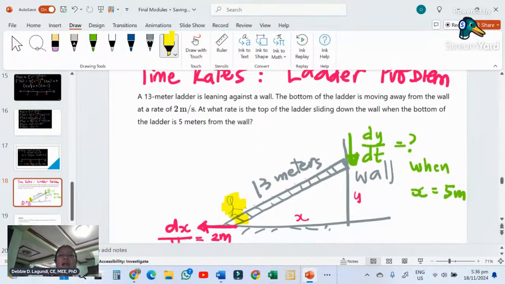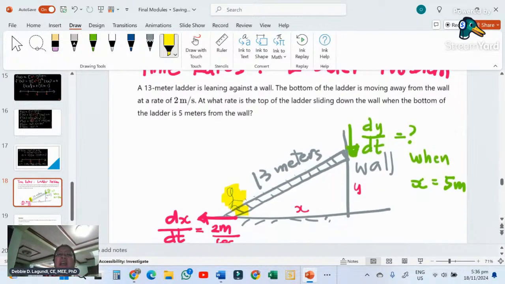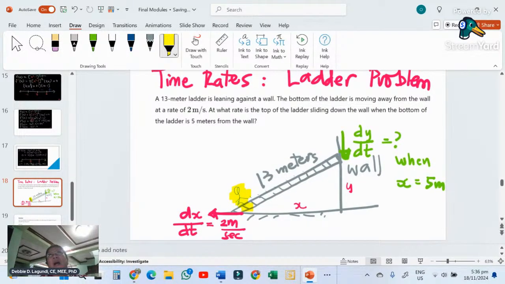Ladder problems actually follow a pattern for how to analyze them. So here's the question. A 13-meter ladder is leaning against a wall.